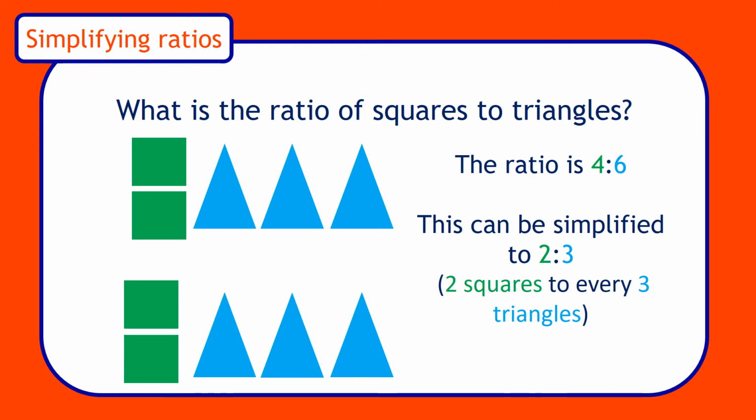But we can simplify this ratio to 2 to 3. If we rearrange the shapes, we can see for every 2 squares, we've got 3 triangles. So 2 to 3. And what we've actually done to this ratio, 4 to 6, is halved both of them. So the 4 has halved to give us 2, and the 6 has halved to give us 3.